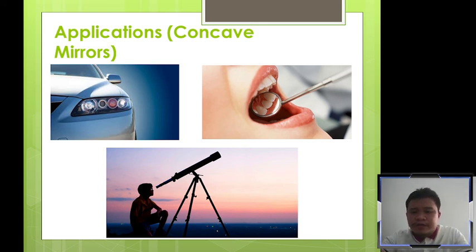So to summarize everything that we have discussed so far, the ray model of light is very much useful when we have to understand the behavior of light, especially when we deal with the image characteristics in mirrors. So in this lesson, we just talked about how light behaves as a wave as it reflects from the surface of a plane mirror and spherical mirror. So in our next video, we'll be dealing with the mirror equation as well as the magnification equation.